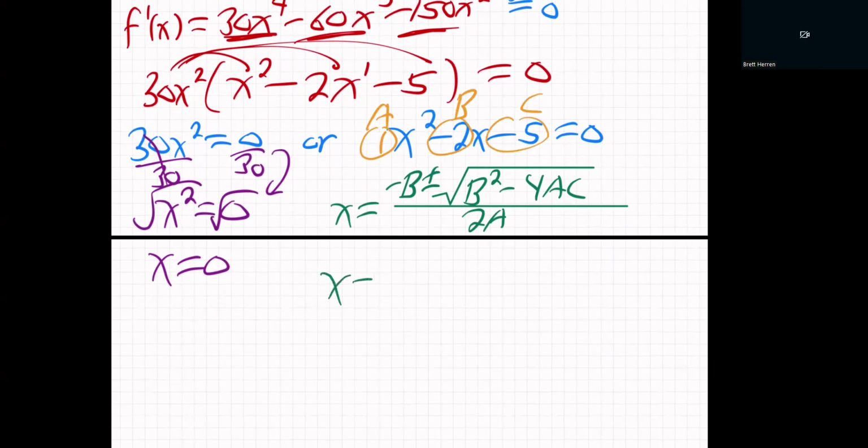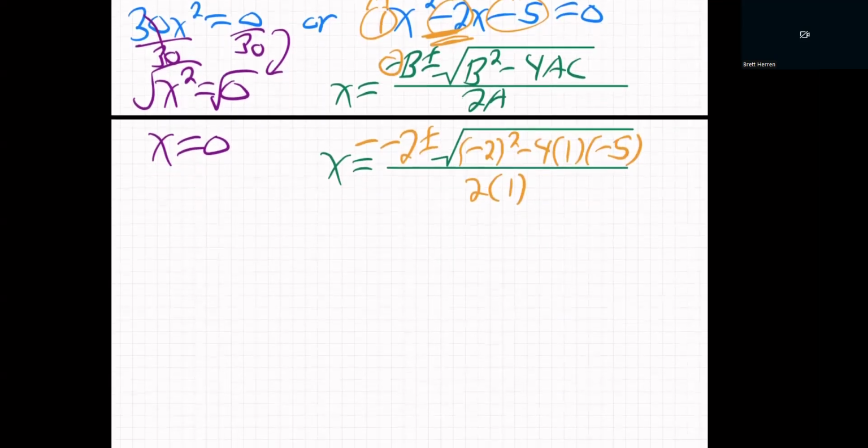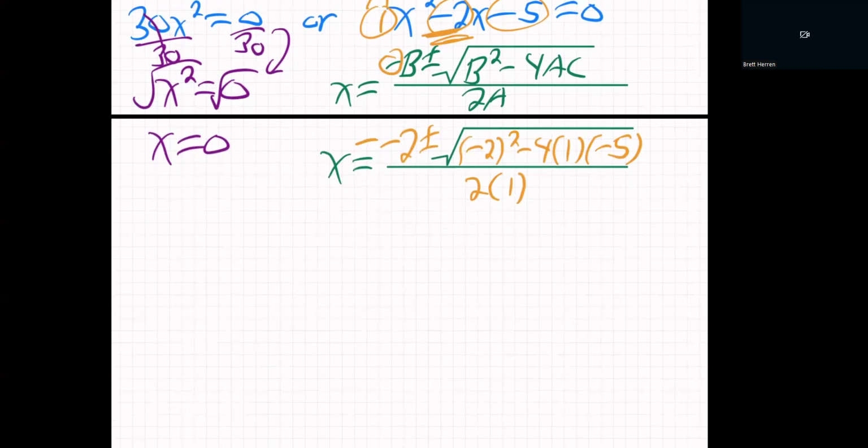So x equals negative b, so that's negative negative 2, plus or minus, right, because b is negative and the formula has a negative. Plus or minus the square root of b squared, negative 2 squared, minus 4 times a times c, all over 2a.